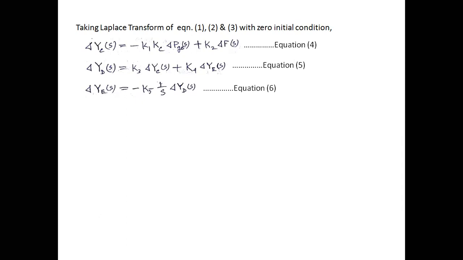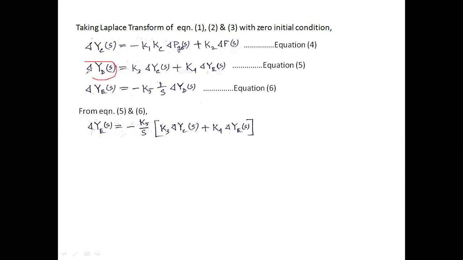So from these 3 equations, you have to model the speed governor system. So from equation number 5, you can write this equation. Just put del YD from equation 5 into equation 6, and we have this equation.